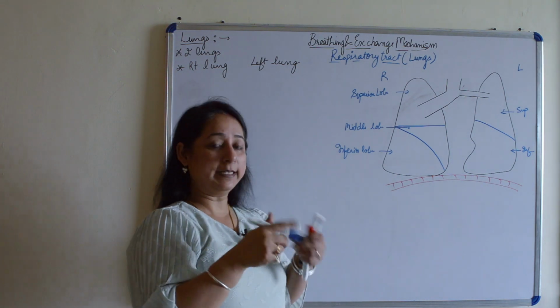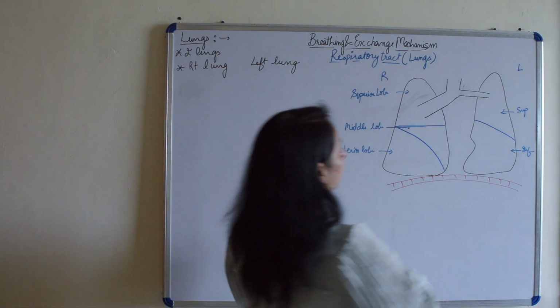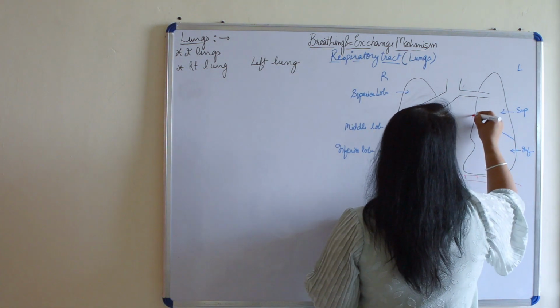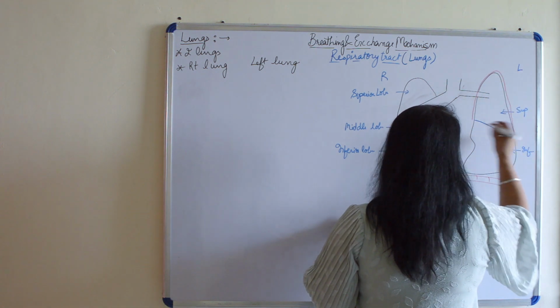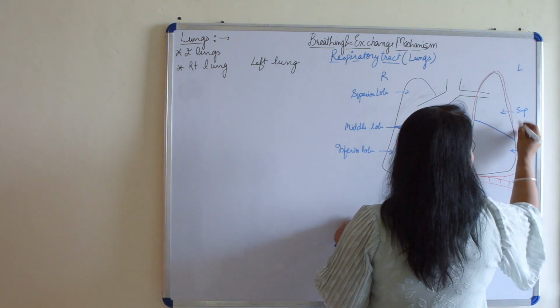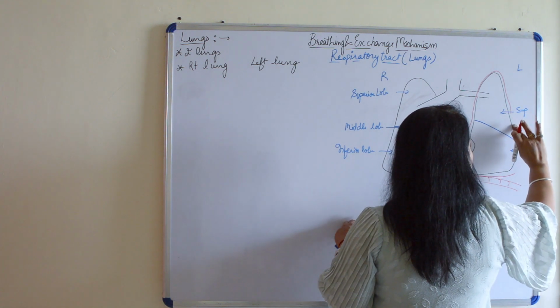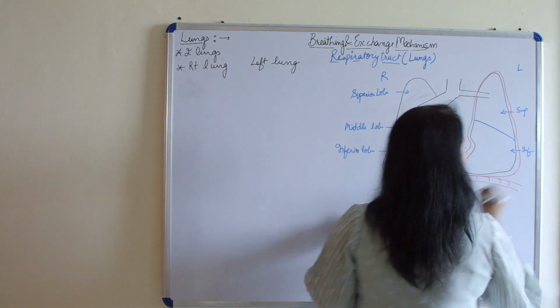Before we move further inside, let's talk about the membranes which cover the lung, which play a very important role. So the lungs have a pleural membrane which covers them. I'm just going to make it on one side only for your understanding. It's a double layered structure, so there is a two layered pleural membrane, outer and inner.